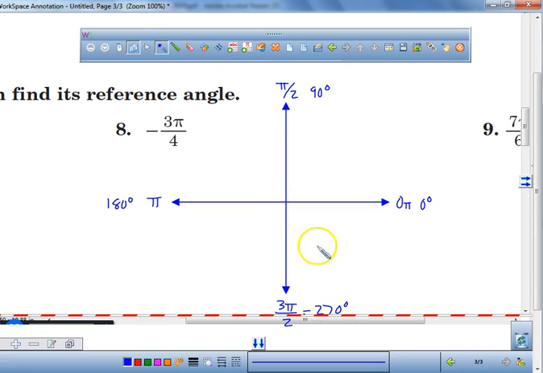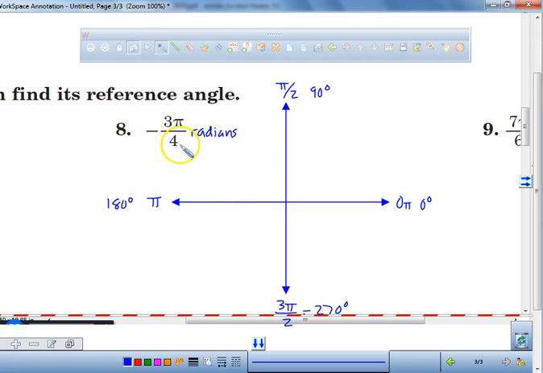So whenever you're working in radians, we know it's not degrees because there's what? There's no degree symbol right there. So I'm going to write the word radians right next to it. We need to learn how to convert this to degrees if we get stuck. Okay? Because some of you may know where negative 3 pi over 4 radians is on the graph. Some of you may not. So we're going to change this to degrees. So we're going to take negative 3 pi over 4, and we're going to multiply by 180 over pi.